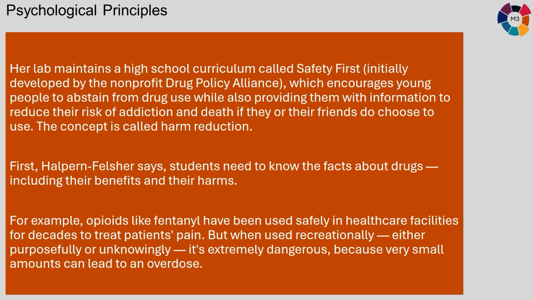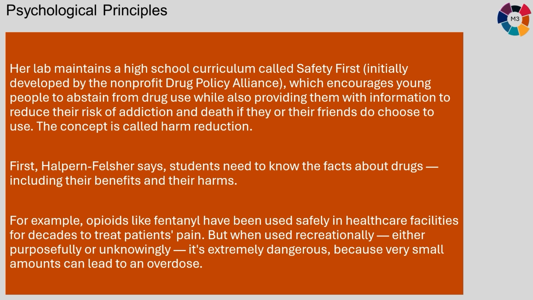Her lab maintains a high school curriculum called Safety First, which was initially developed by the nonprofit Drug Policy Alliance, which encourages young people to abstain from drug use, while also providing them with information to reduce their risk of addiction or death if they or their friends do choose to use. This concept is called harm reduction.